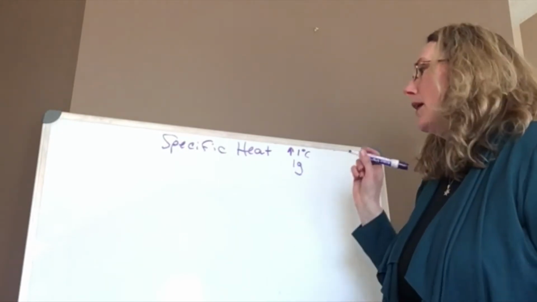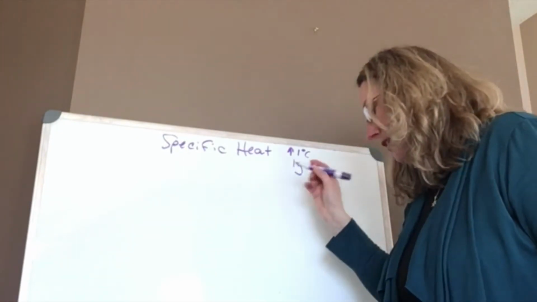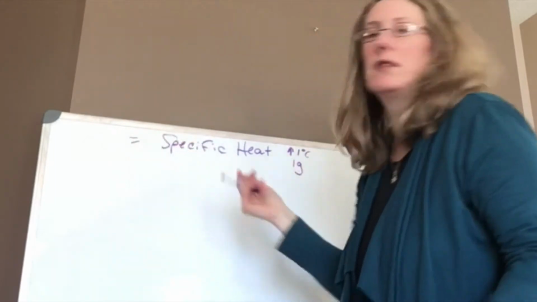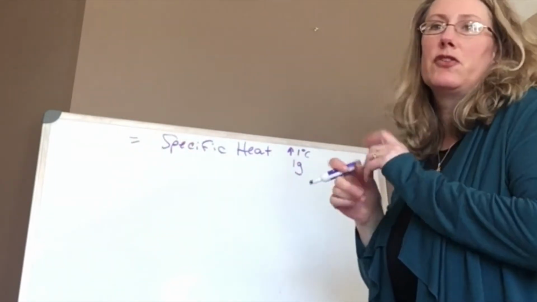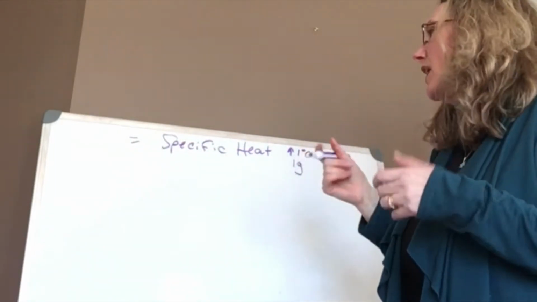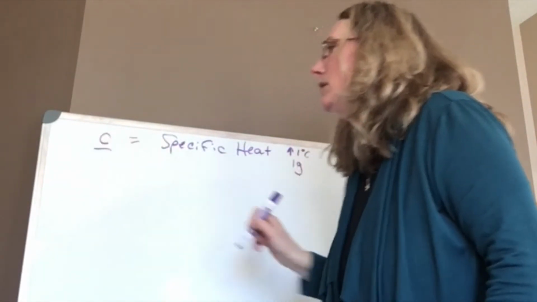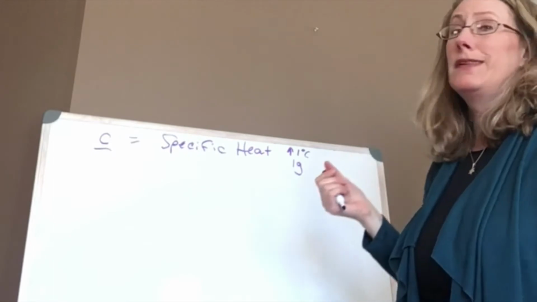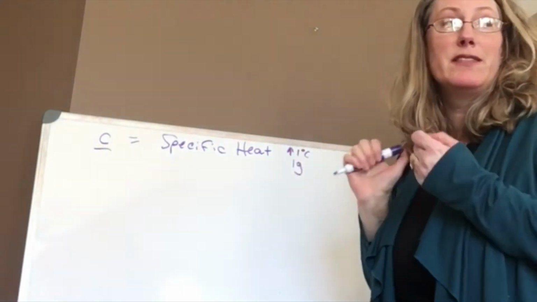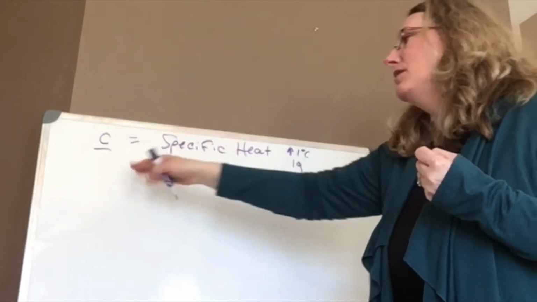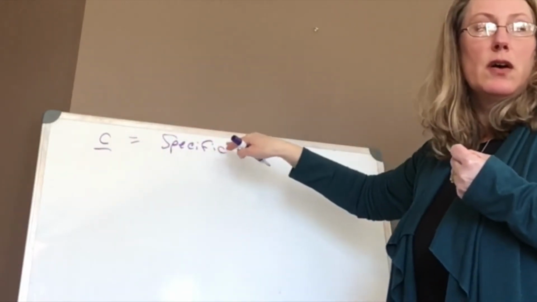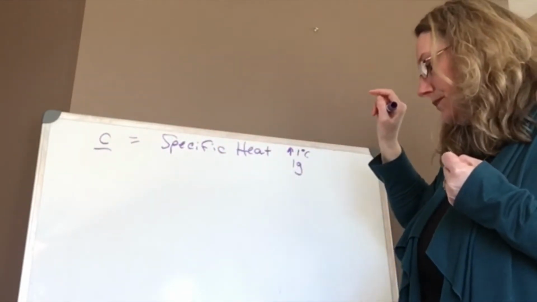Well, the specific heat is, because there needs to be more letters in the alphabet, but there's not. So the specific heat is the C. So C is for calorie, but usually they write CAL for calorie, but this is a small c, and that's what they use for specific heat.